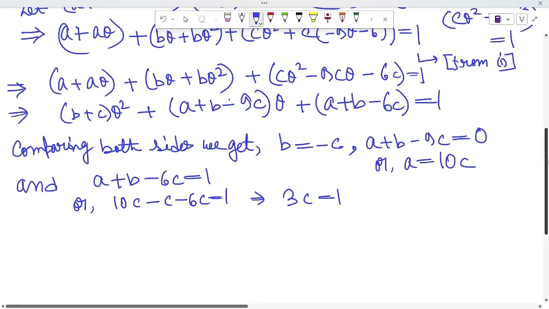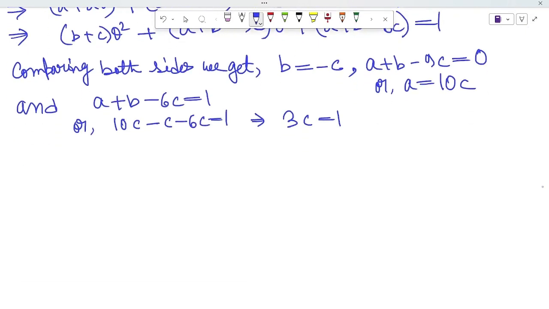Okay. So it implies that c equal to 1 by 3, b equal to minus 1 by 3, and a equal to 10 by 3.